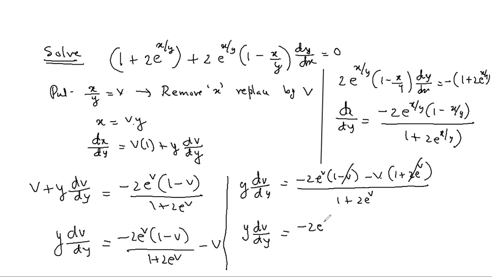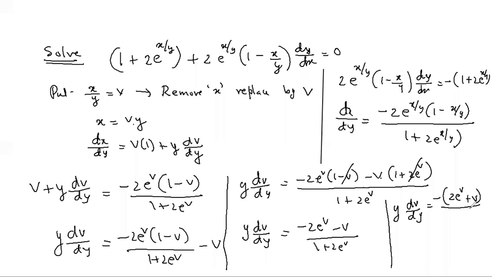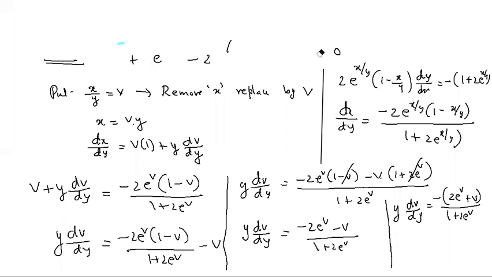So minus 2 e raised to v minus v upon 1 plus 2 e raised to v. y into dv by dy. If you take a minus common, 2 e raised to v plus v upon 1 plus 2 e raised to v. It's quite a lengthy problem.